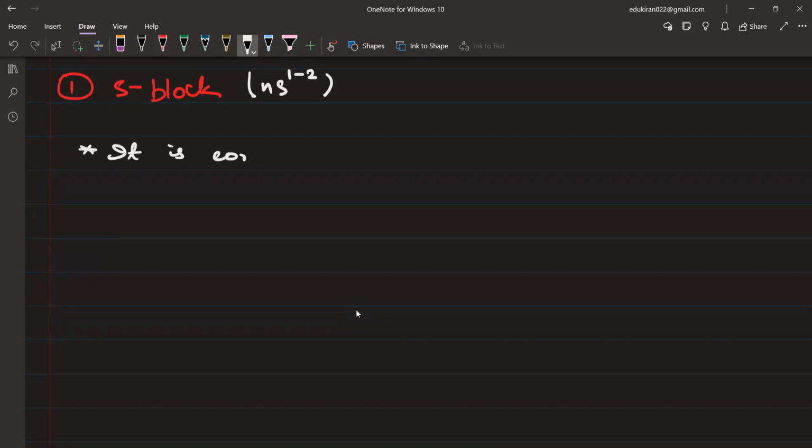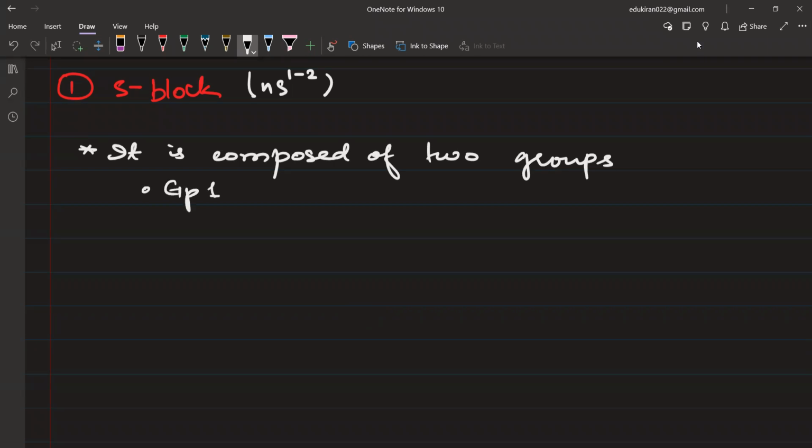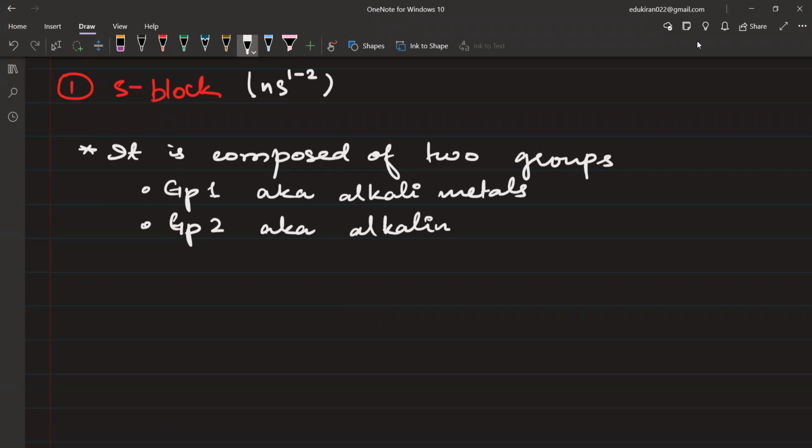First of all, it is composed of two groups. Group 1 is also known as alkali metals. Group 2 is also known as alkaline earth metals.